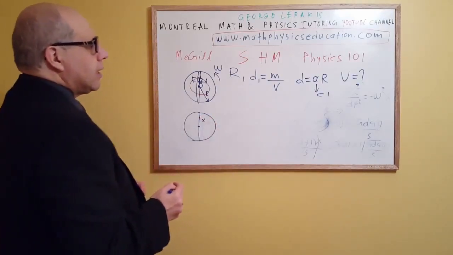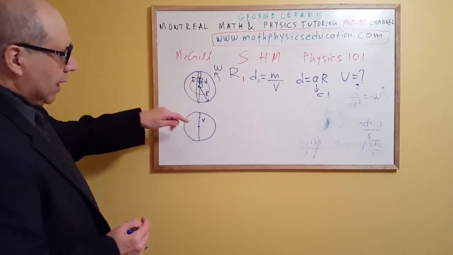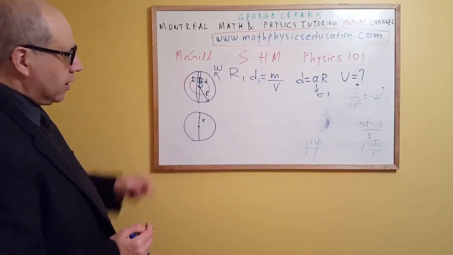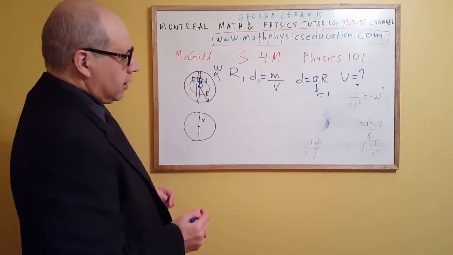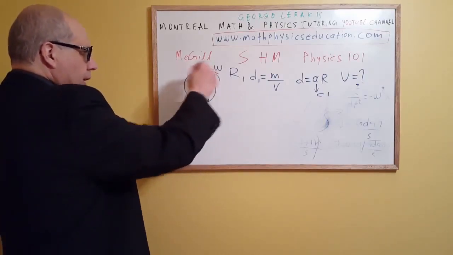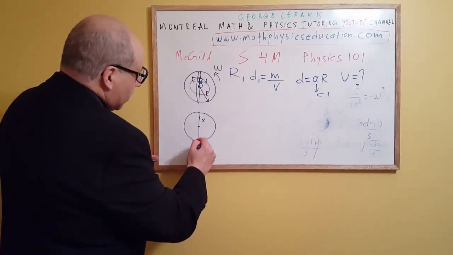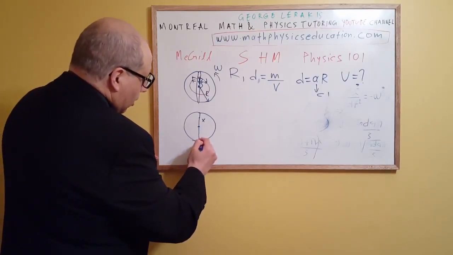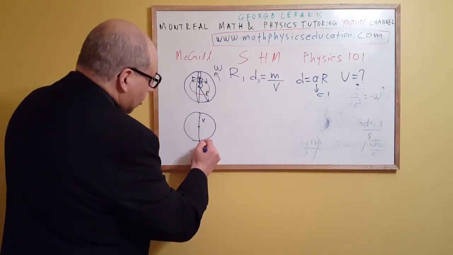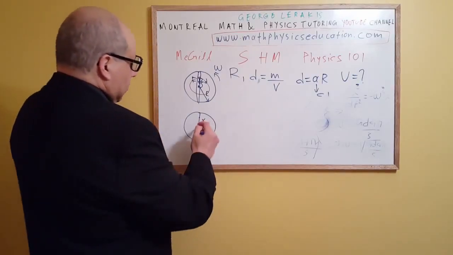So we said that the omega that we find is equal to the angular velocity of an object moving around the planet. Let's say the object which is moving around starts from this point here with an angular velocity omega.